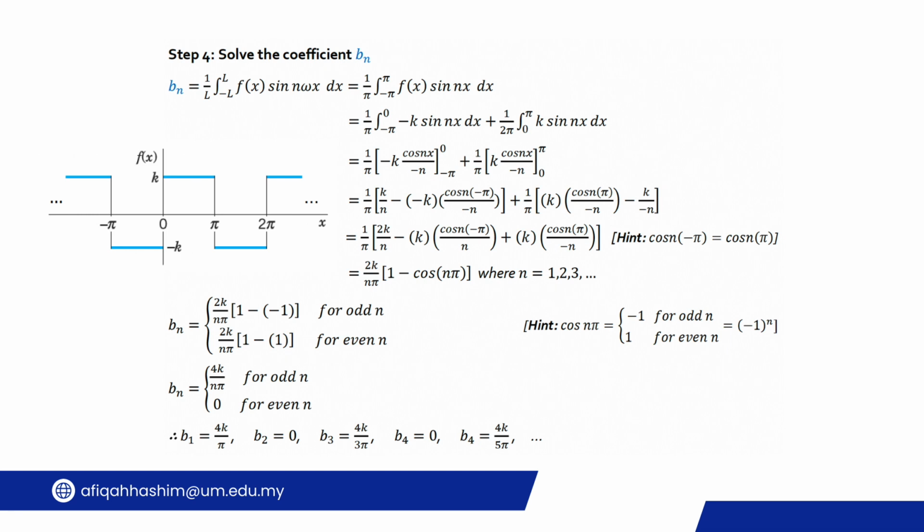So it becomes 4k over n pi for odd n, but for even n, 1 minus 1 will become 0. So bn is equal to 0 for n equal to an even number. So we get b1 is equal to 4k over pi, b2 is equal to 0, b3 is equal to 4k over 3 pi, b4 is equal to 0, and so on.